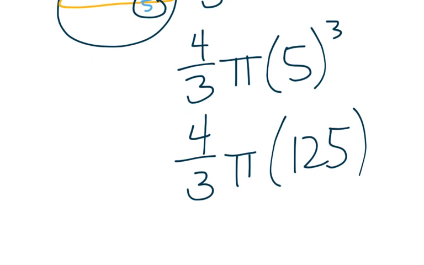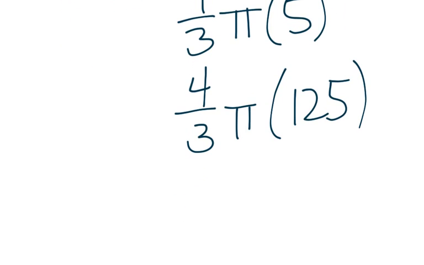And when you find 4/3 of a number, what you want to do is multiply it by 4, or the top number, and then divide it by 3. And then we want to multiply that by pi, which is 3.14. And what we end up with is 519.4.